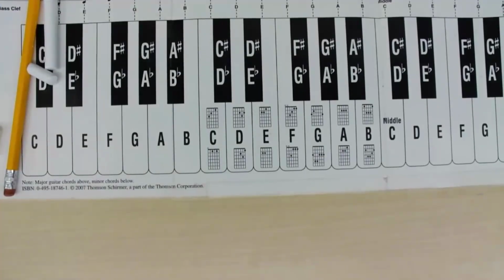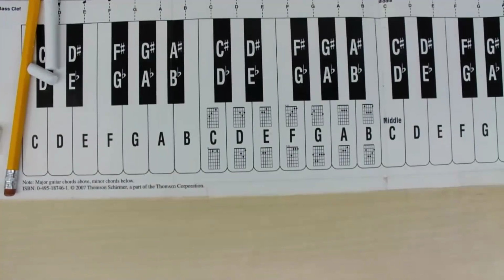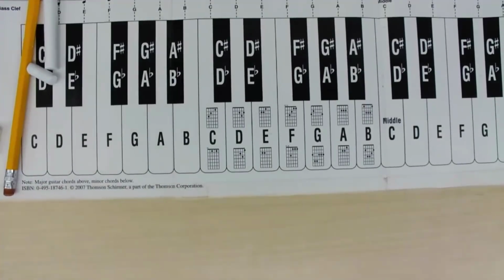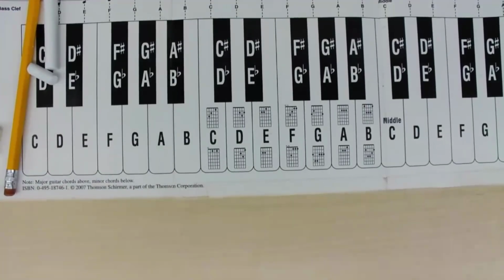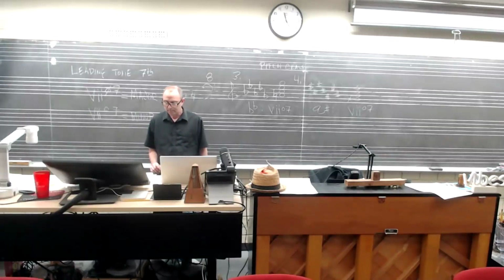Yes. If you're just in a normal minor key, the only accidental is going to be on that leading tone. If you're in C minor, you have your B flat, E flat, A flat.